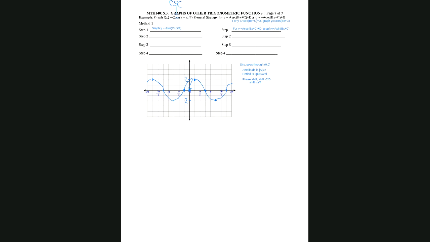I think we did. So this is my graph of y equals 2 times the sine of x plus pi over 4. We actually need the graph of y equals negative 2. So I'm going to do that in a different color. And to do that, I'm just going to flip my graph upside down.